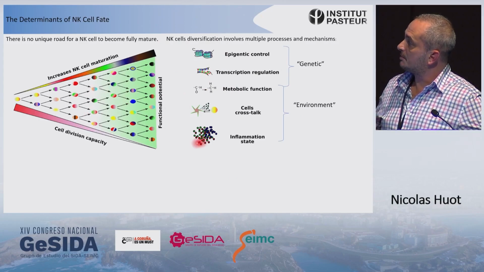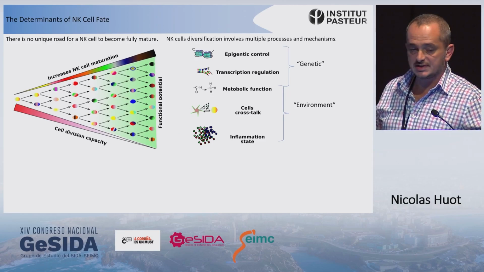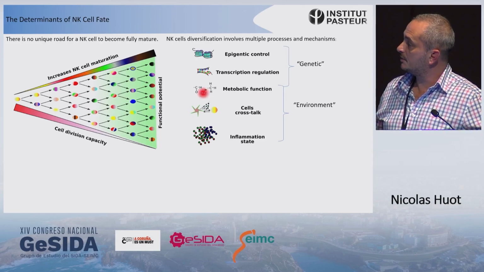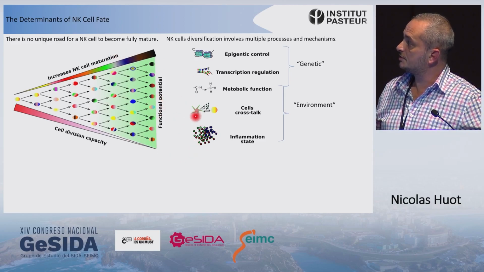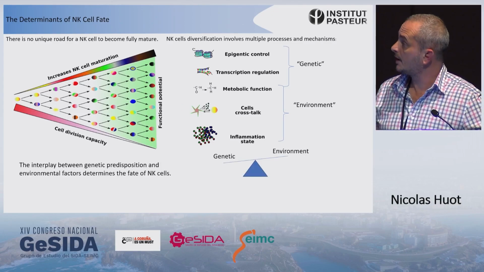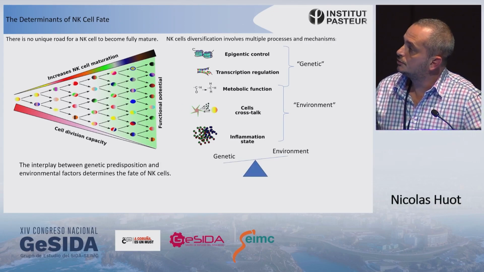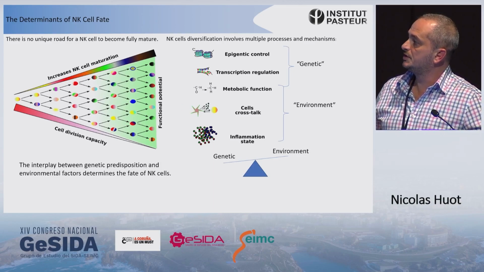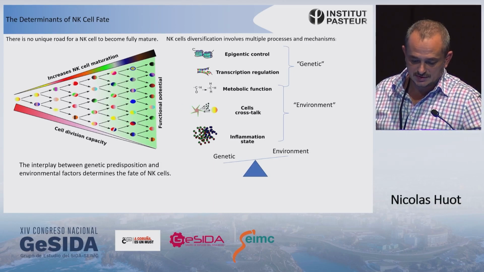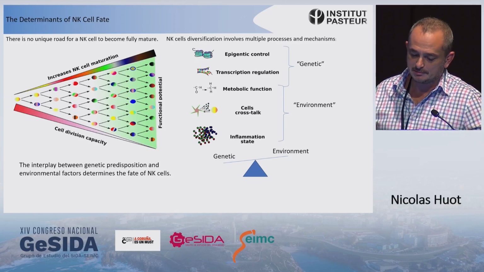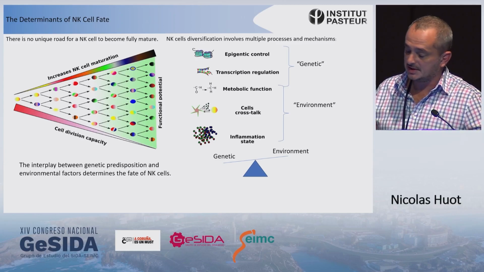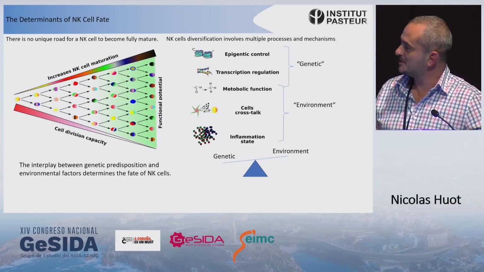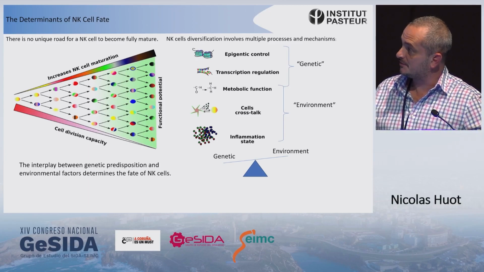In fact, the capacity of NK cells to crosstalk with other cells, such as DCs or macrophages, and also the inflammation state will participate in the differentiation and the maturation of NK cells. So, to become functional NK cells, the two aspects, the genetic and the environment, participate. The equilibrium between the two aspects participates in the fate of NK cells.